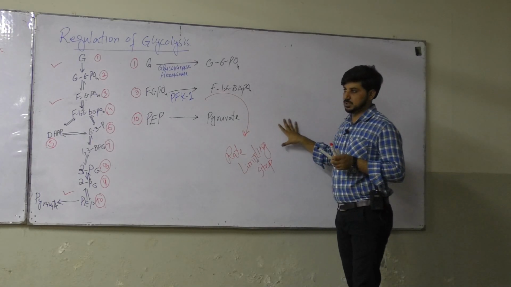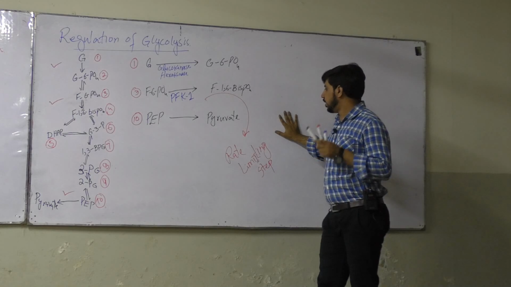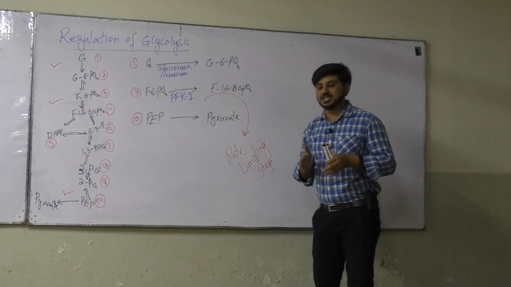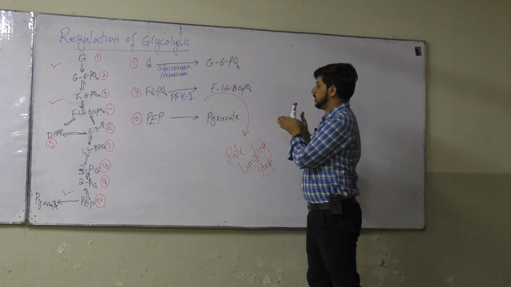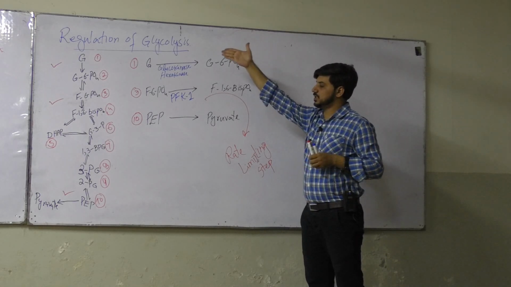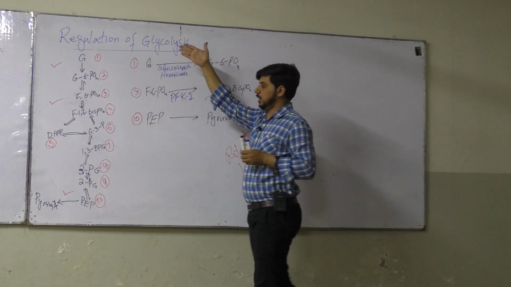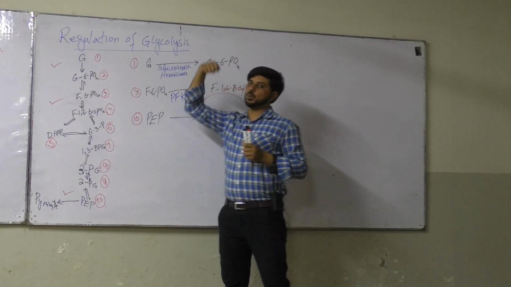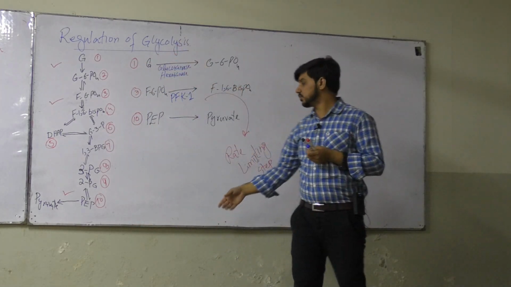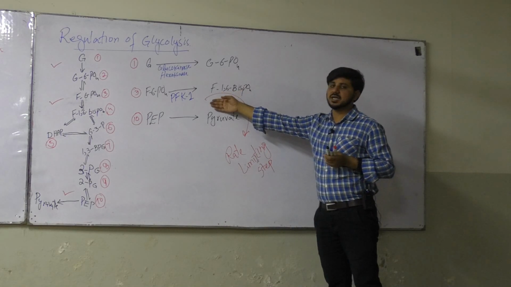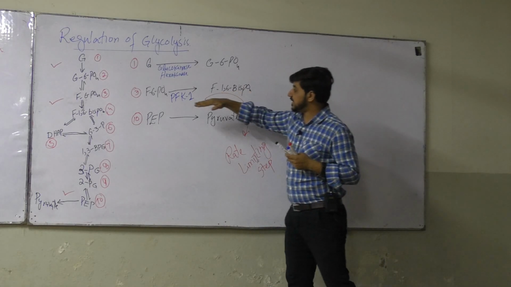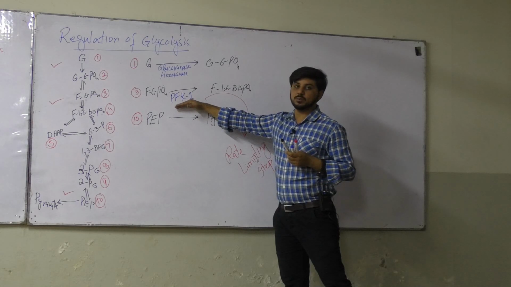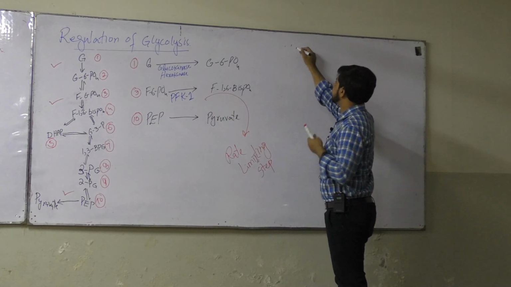because this reaction is responsible for making the decision whether this pathway will go toward glycolysis or toward gluconeogenesis. So that's why we name this chemical reaction a rate limiting step. And the activity of PFK1 is regulated at two levels.